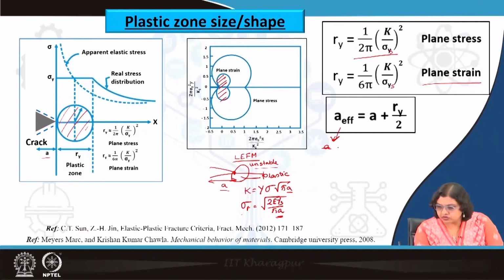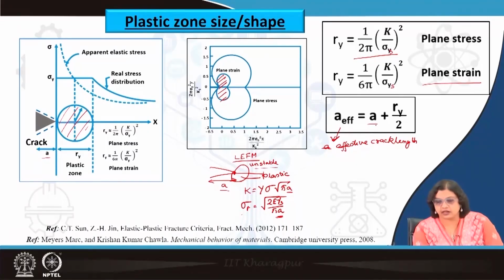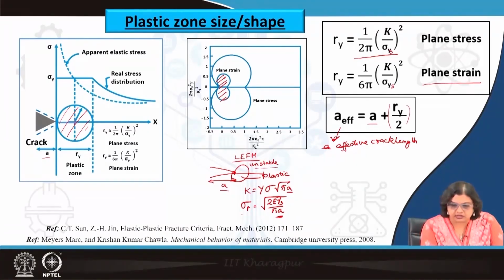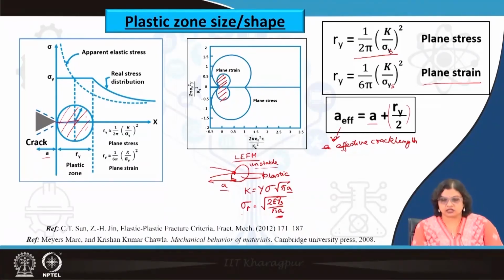This effective crack length includes not only the crack length but also half of the plastic zone size. That is how we consider the effective crack length, and in that case all the calculations will be done based on this a effective.